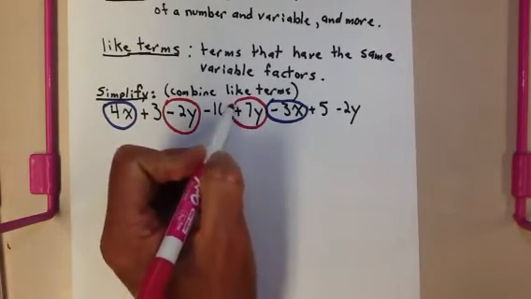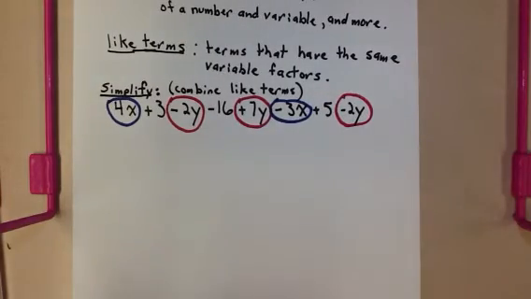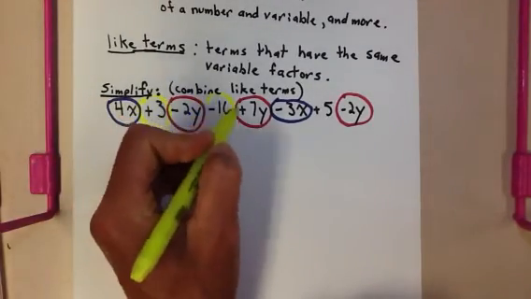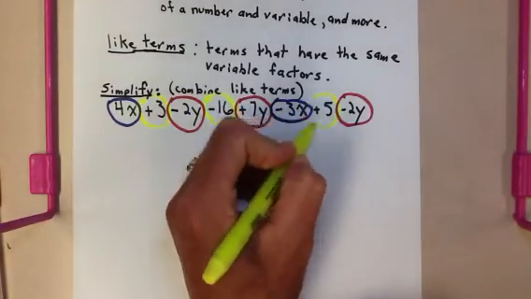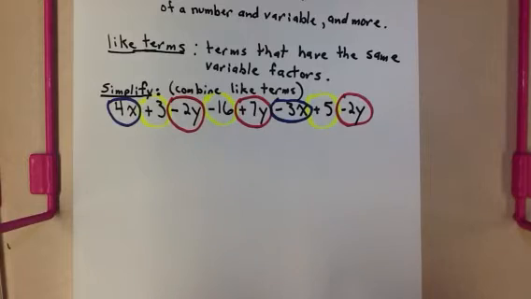I'm going to circle my y's. Now, when you get used to this, later on, you get more experienced, you probably won't need to use the colors, but as you're starting out, it's a good method. So here are my whole numbers. So you can see I have 3 different colors organizing my like terms.